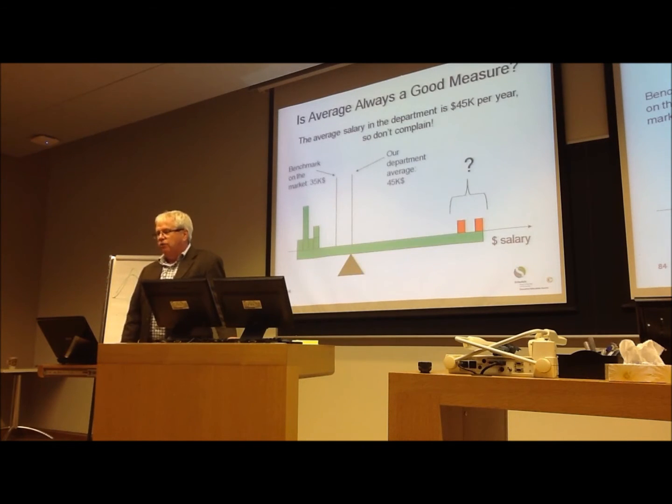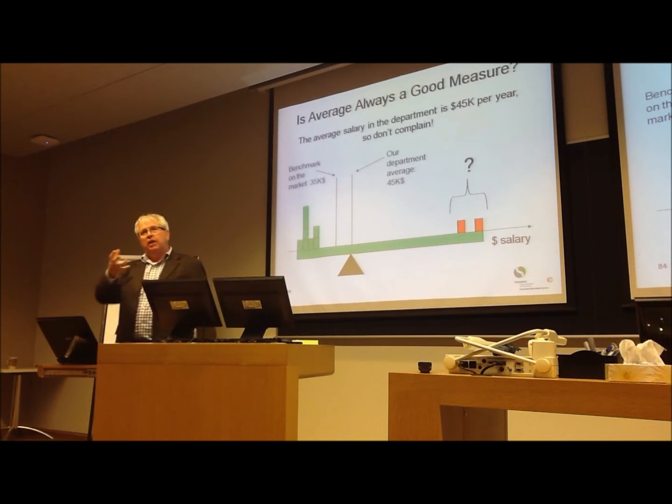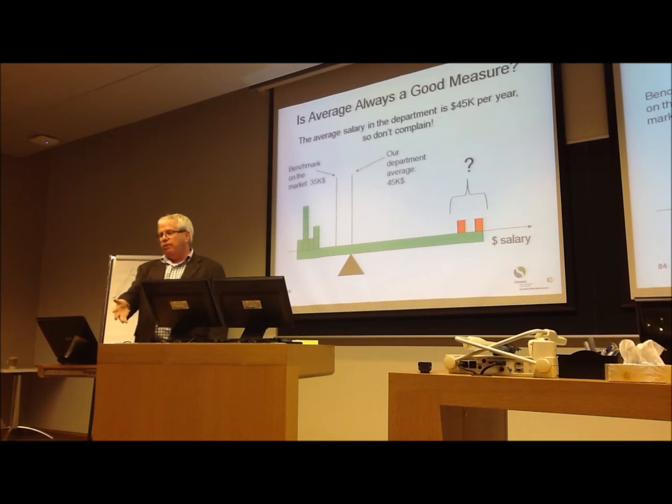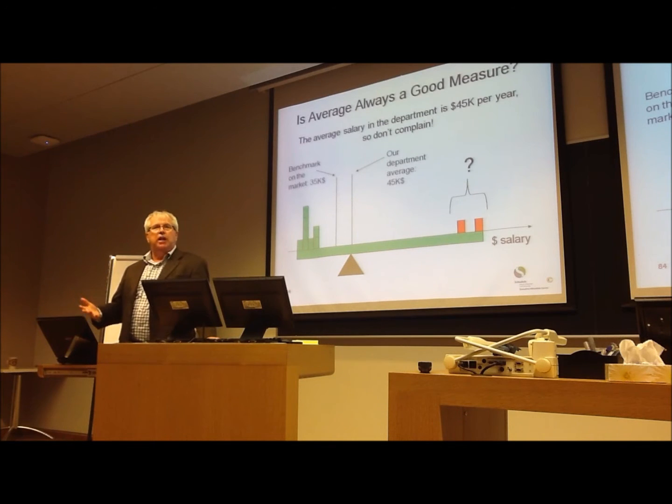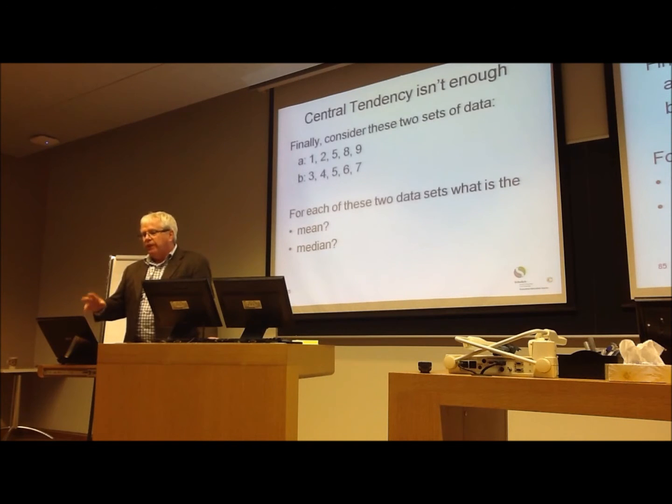The reason our average is so high is because we've got the high paid salaries in there pulling the average north. Let's take that out of the data set, and we'll find that our actual salaries are well below the industry average. A very simplistic example, but that's where the average can have a very distorting effect.